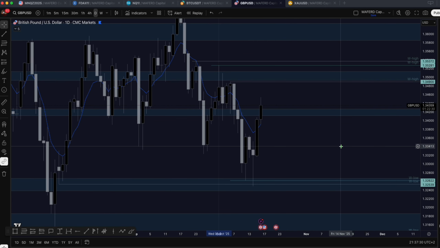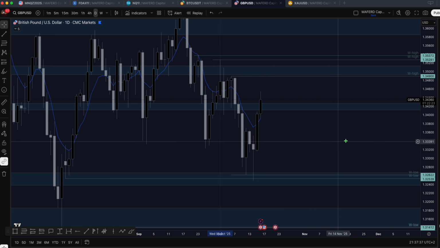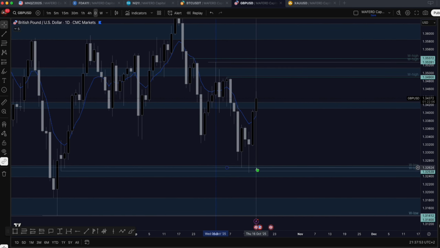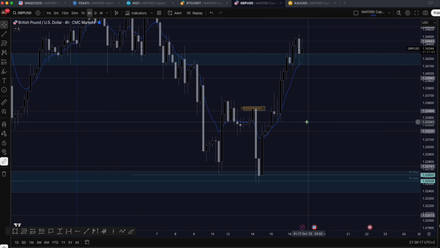What I saw from the starting of the wick, which started with this candle right here, was that the price was still dropping and still rejecting the EMA on the daily time frame until it reached these levels right here, which are two pretty important levels: the previous wick low and also another weekly low.